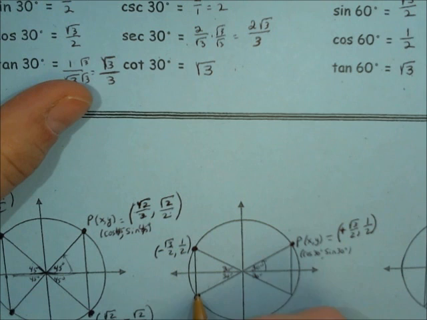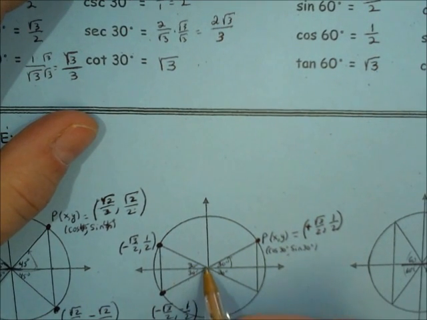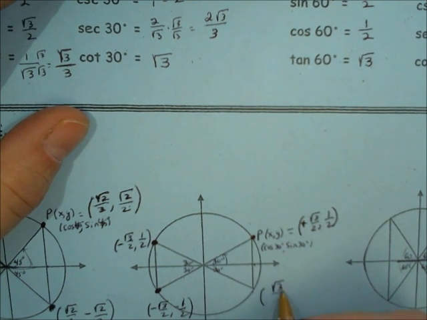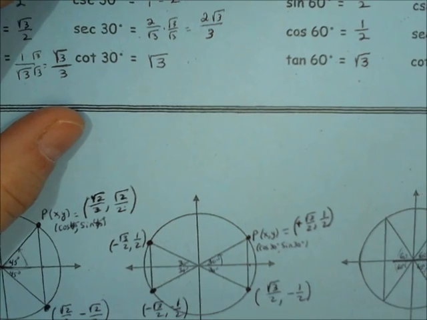Down here in quadrant 3, this point here, both the x and y are negative, so we have negative square root of 3 over 2 and negative 1/2, the same exact values, except sometimes they'll be negative. And if you go over to the right and down, you've got a positive x value, which is the square root of 3 over 2, but the y value is negative, negative 1/2. So there are the 4 important points in this unit circle.